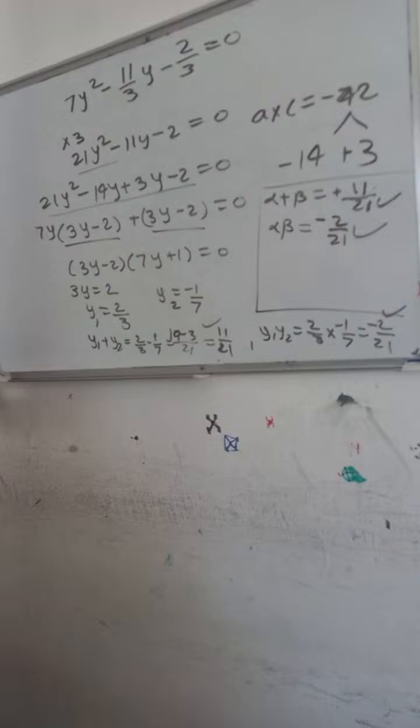Find the quadratic polynomial whose sum and product of zeros are minus 1 and minus 20 respectively. Also find the zeros of the polynomial.